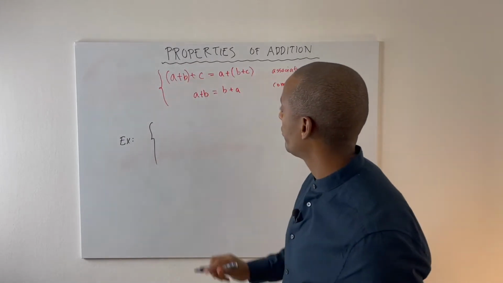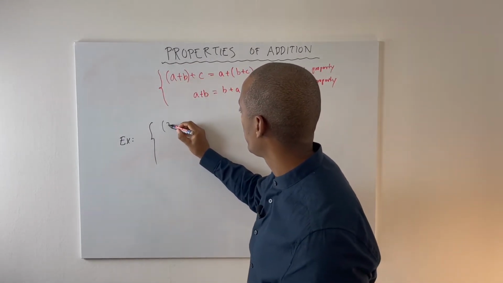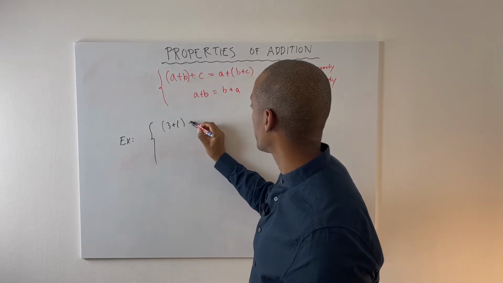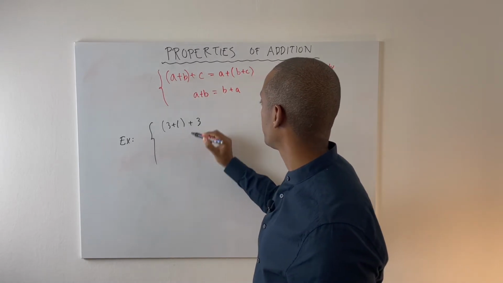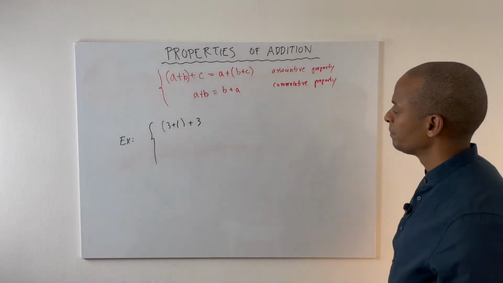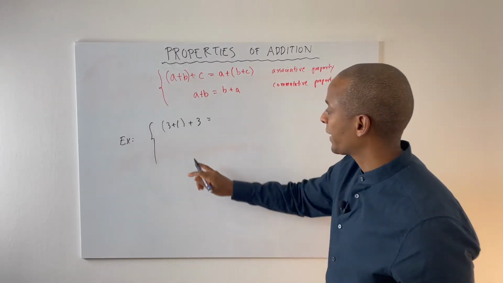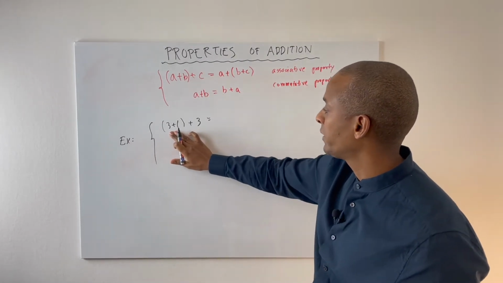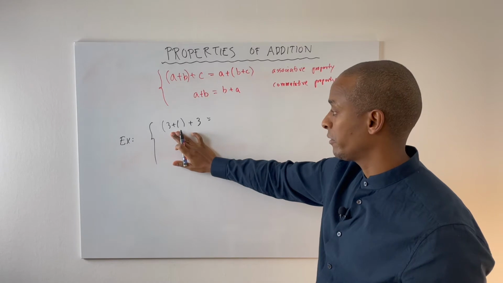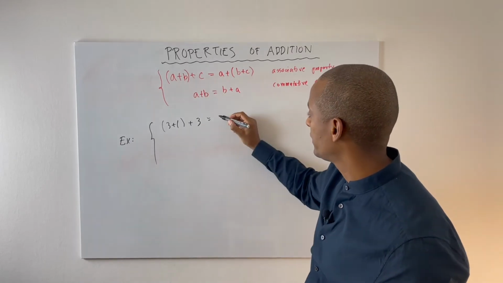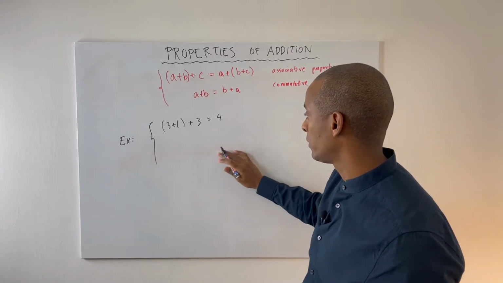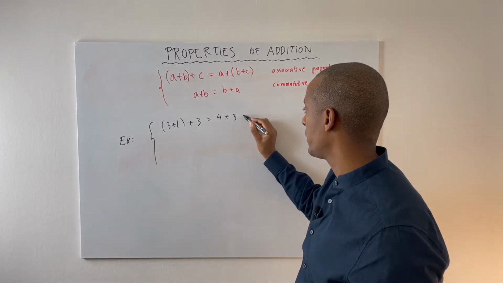Let's say we have the number (3 + 1) + 3, okay? Here the bracket is here, so we have to calculate what's inside the bracket first. So 3 plus 1 is equal to 4, plus 3 equals 7.